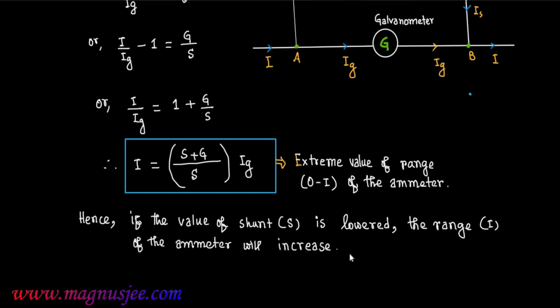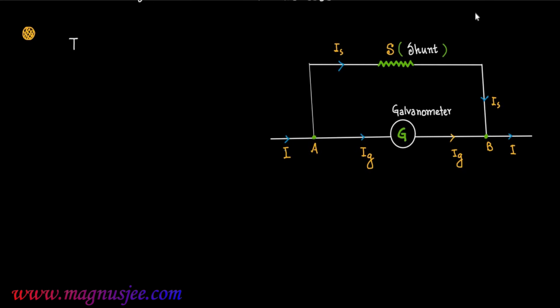So in the expression, if the value of shunt S is lowered, the range, that is capital I, will increase.